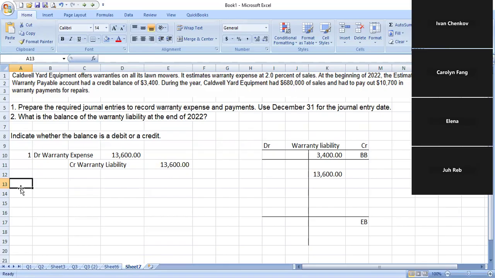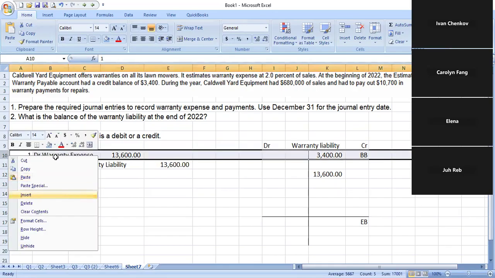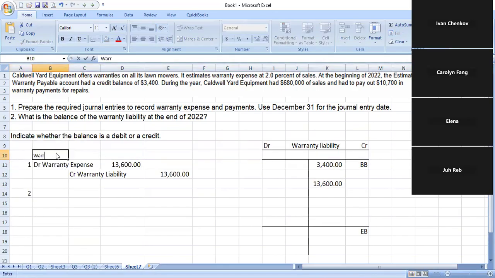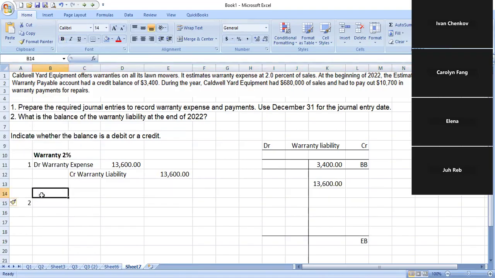But in this case, let's say number 2 of this is the warranty expense to match the expenses of warranty of 2% accrual, and the next one is the actual warranty paid. Warranty claim.